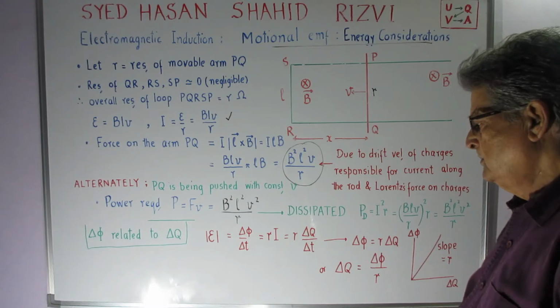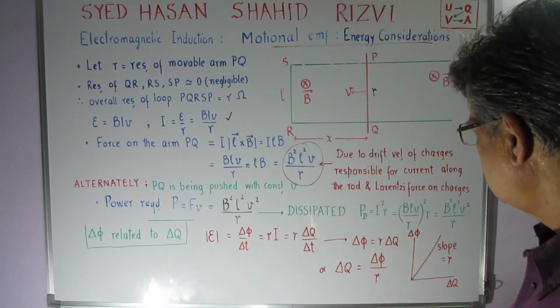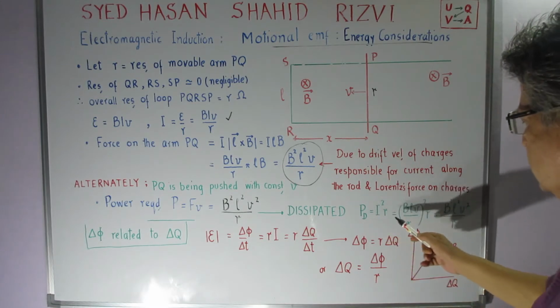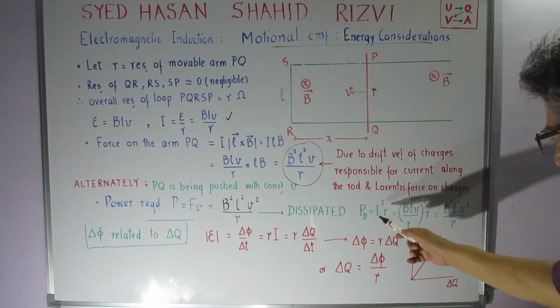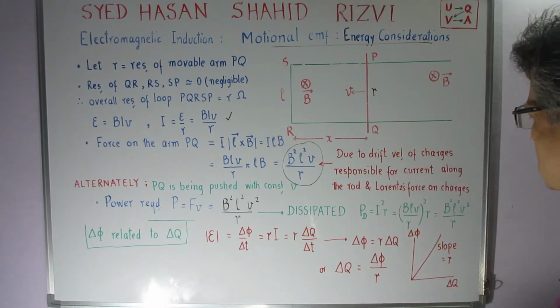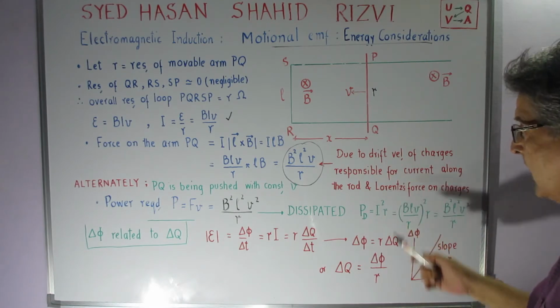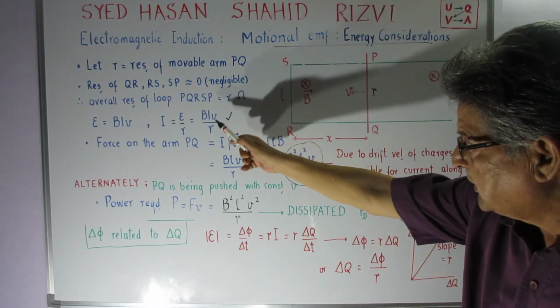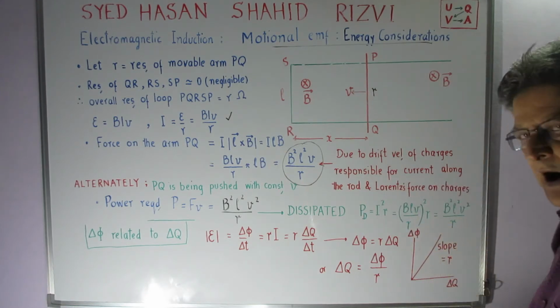This power is dissipated through the resistance r, and the power dissipation is given as the heat generated due to Joule heating. So this is equal to I squared r, and I is equal to BLV upon r, so this whole square multiplied by r.